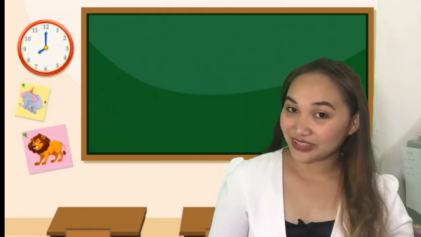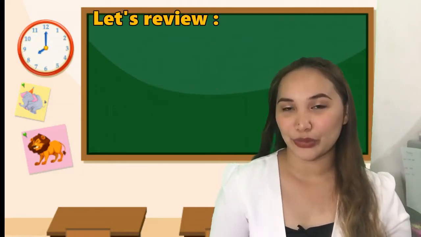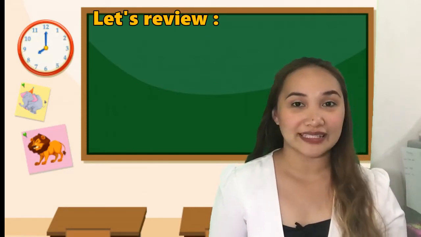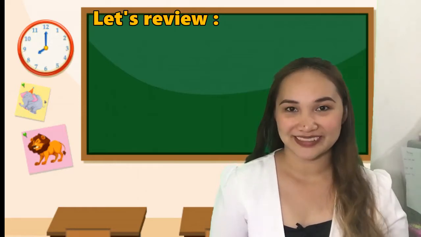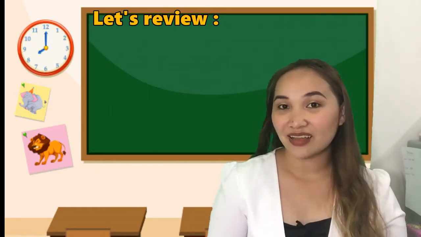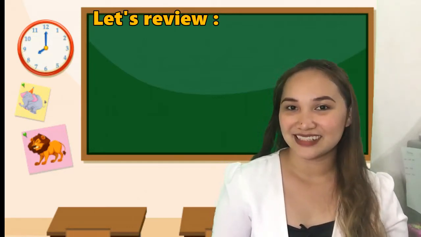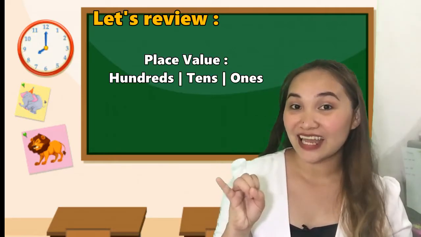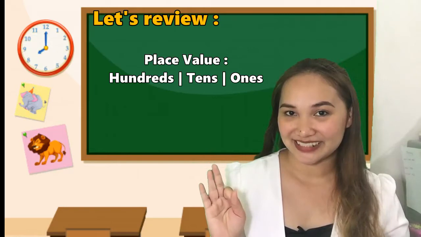Now, last week we learned how to count numbers. And we also learned how to identify the different places of numbers. Can you tell me again what are those different places? We have ones, tens, and hundreds.